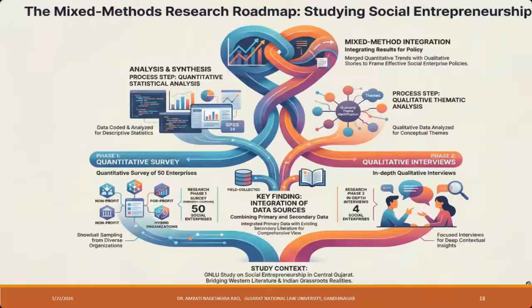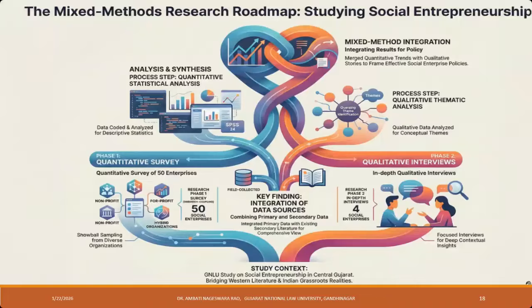After collecting data from 50 social enterprises, I understood how they are performing. I could then decide: I want to collect data from one social enterprise led by women, working with persons with disability; in the area of waste management; from persons below 20 years of age; from persons above 80 years old. So I have certain inclusion and exclusion criteria, or I want to select one social enterprise for every sustainable development goal.